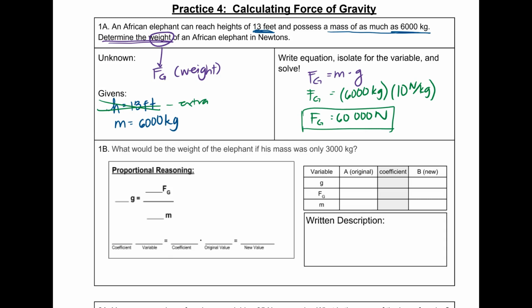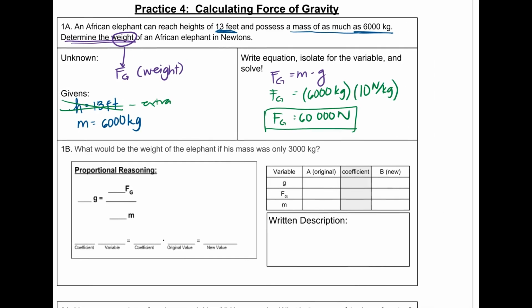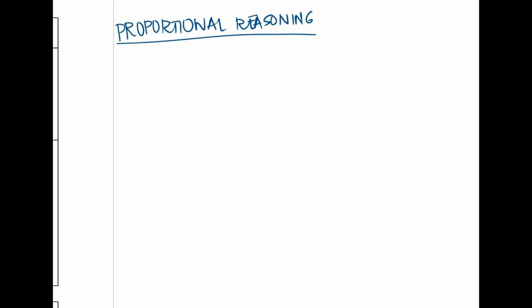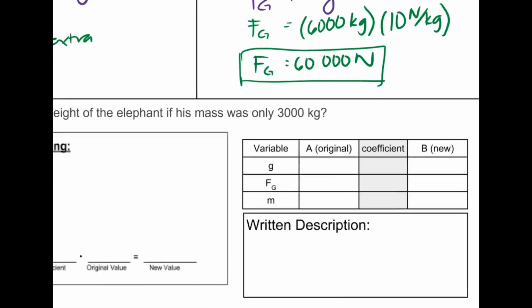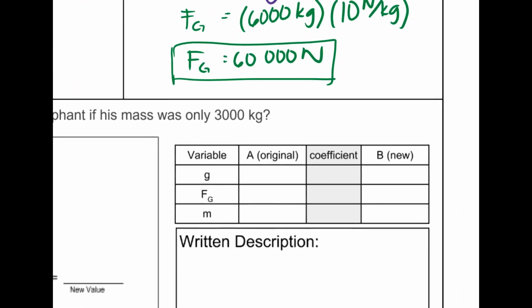Now, to fill out the proportional reasoning portion, we are going to look at some stuff. When we get to proportional reasoning, what we'd like to do is first list all the original information. So here's our box that has the information, and it wants us to fill in the stuff for original, right?